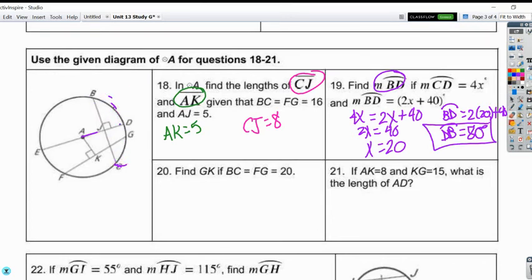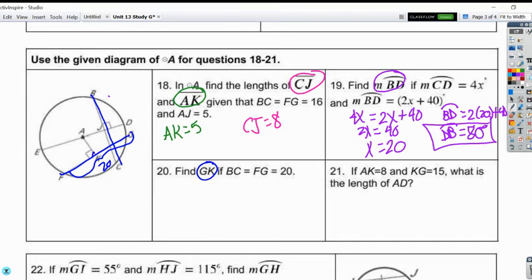All right, then looking into number 20, find GK. Here we know BC is equal to FG, so the two chords are congruent. They both have a length of 20. We're looking for GK.